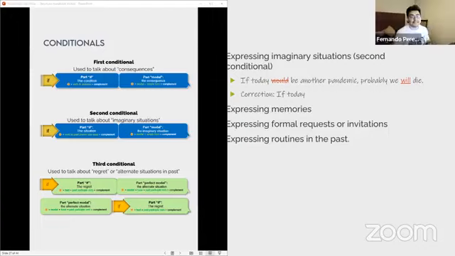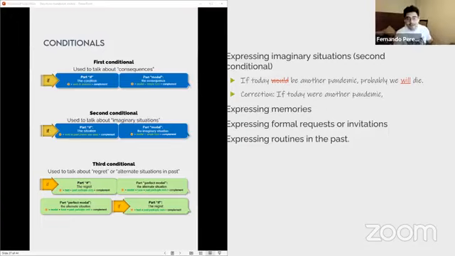Been is not past. Been is past participle. In this case, today, "were another pandemic?" Exactly.